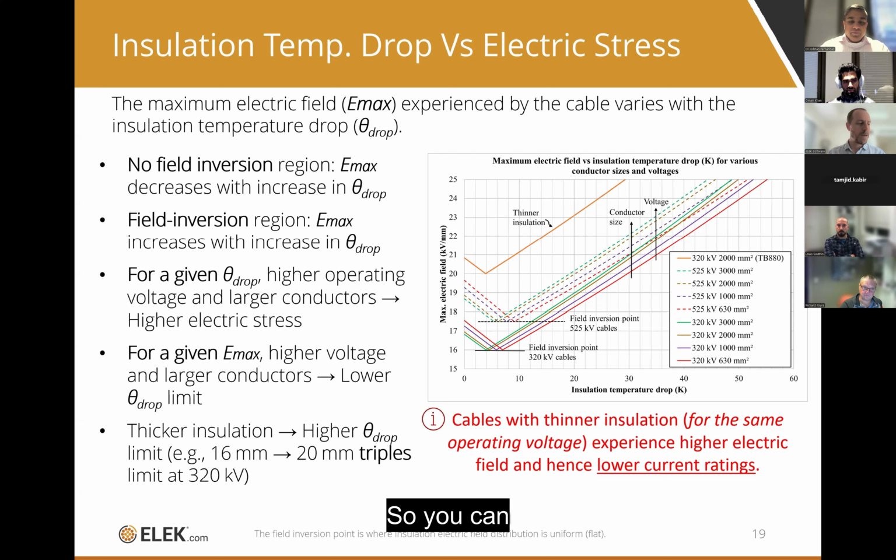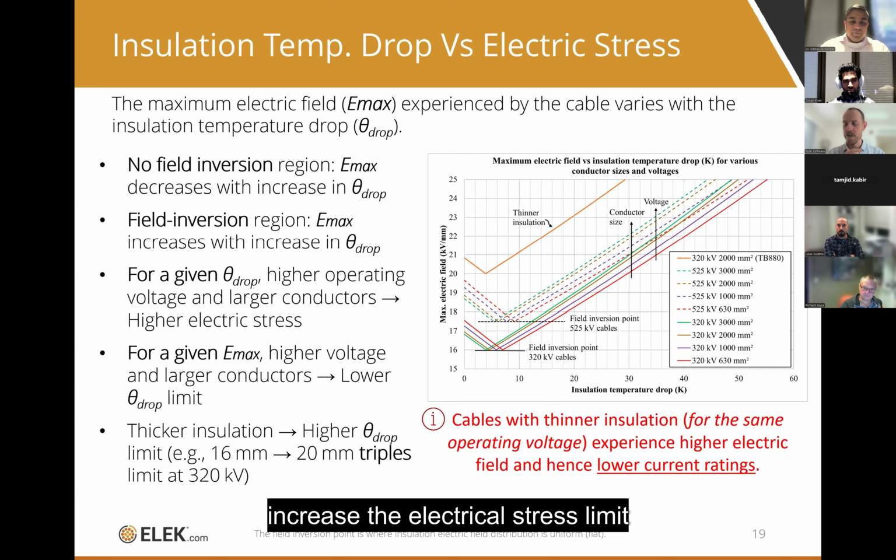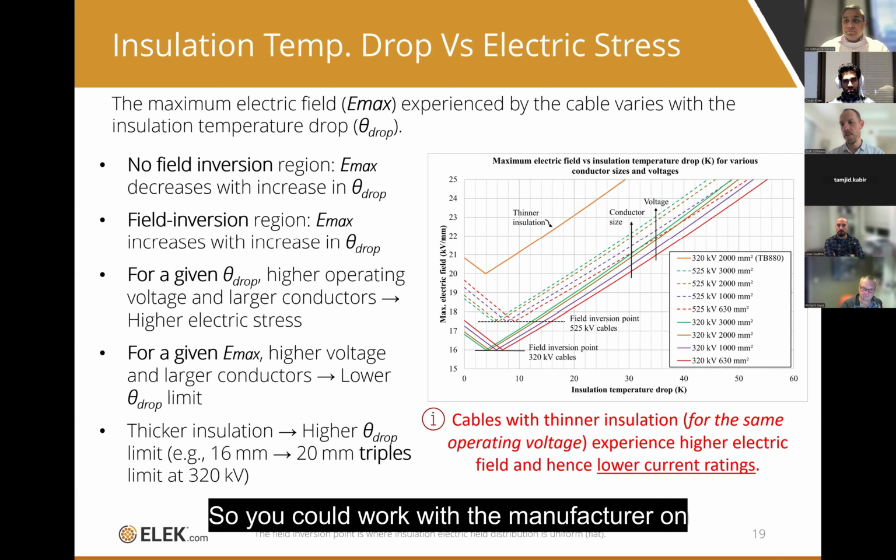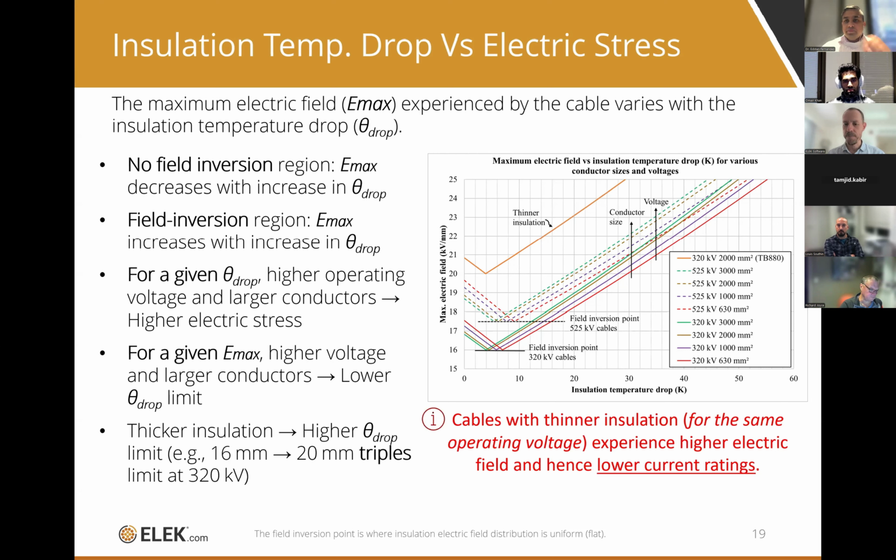So you can effectively increase the electrical stress limit or increase the current capacity in certain cases just by increasing the thickness of the insulation. So you could work with the manufacturer on that perhaps.